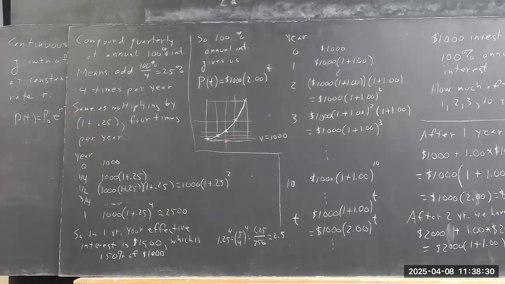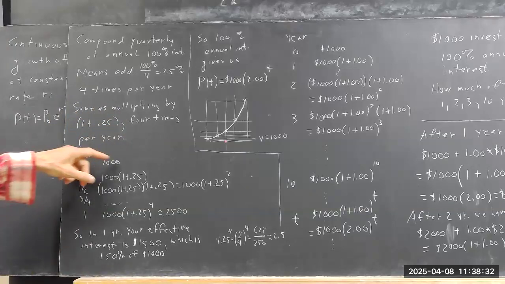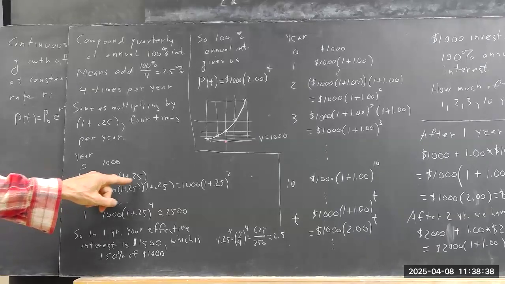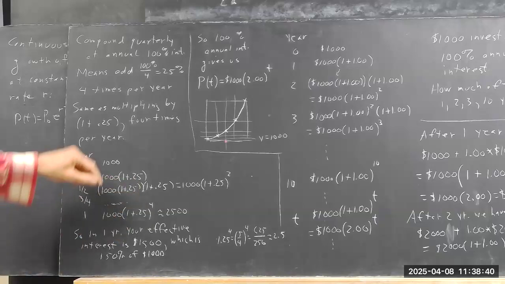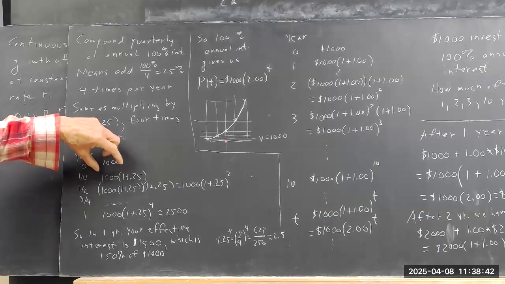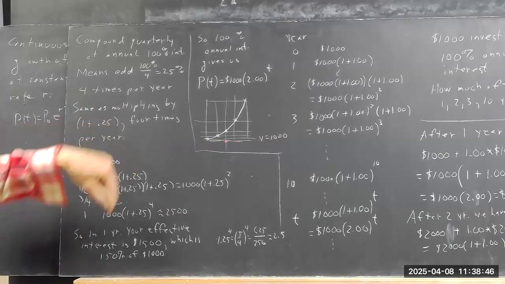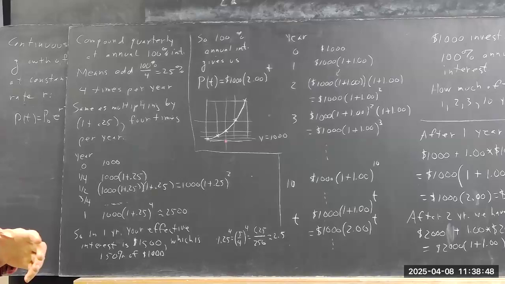So what's your result? You start with $1,000. After a quarter of a year, 3 months, you have 1,000 times 1 plus 0.25. Again, that means 1,000 times 1 is your $1,000 that you get to keep. 1,000 times 0.25 is the 25% you get to add.